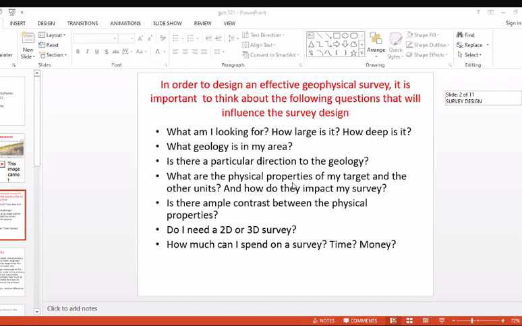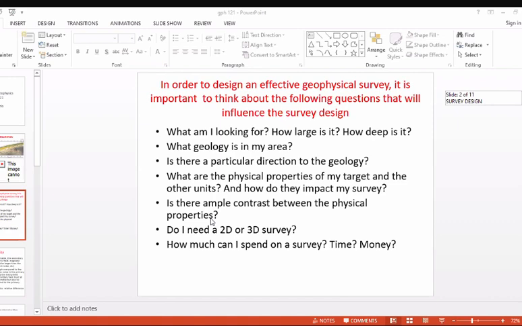So, what are the physical properties of my target and their units, and how do they impact my survey? Is there a contrast between the physical parameters? This question matters for us to use a particular method. For instance, I want to use the gravity method as one of the tools for prospecting.